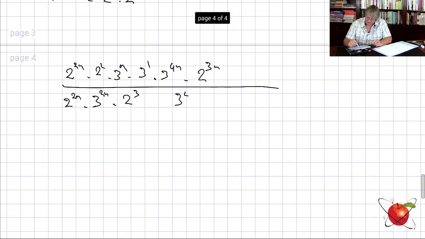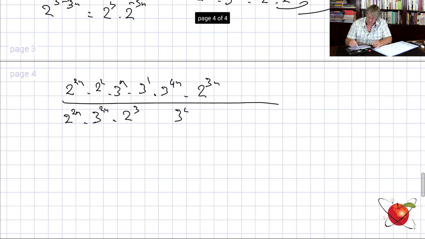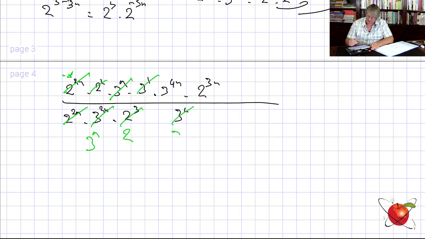Now I can get going and I can cross cancel all of this. Where do I start? I start at the top. Here, always there. 2 to the 2n, there it goes. 2 squared cancels with this one, leaving me with a 2. 3 to the n cancels with that one, leaving me with 3 to the n. 3 there cancels with that, leaving me with a 3. 3 to the n over here is going to cancel out that 3 to the n, leaving 3 to the 3n.